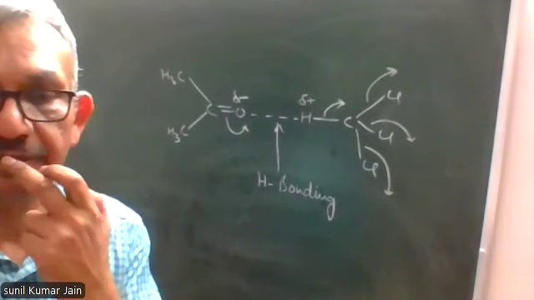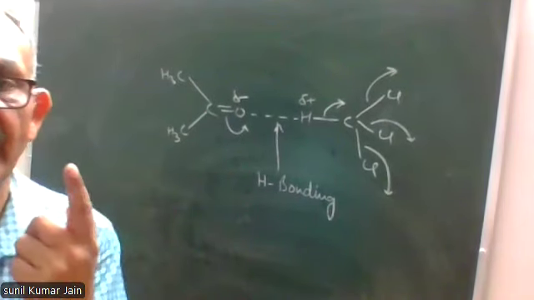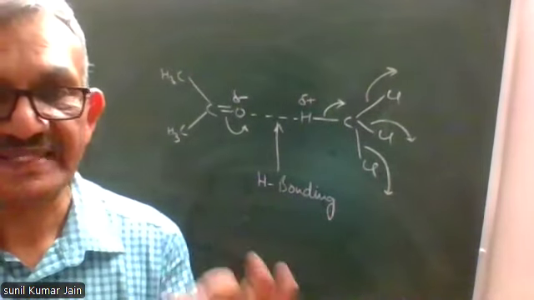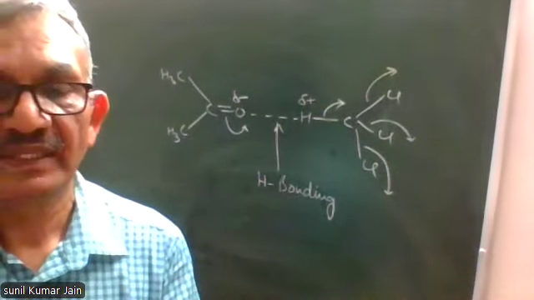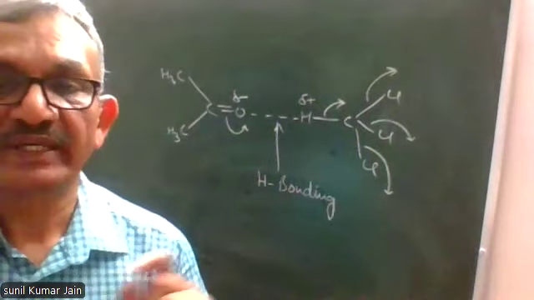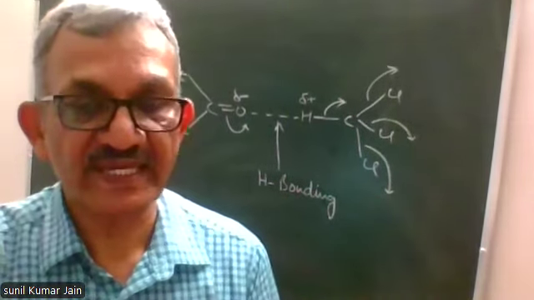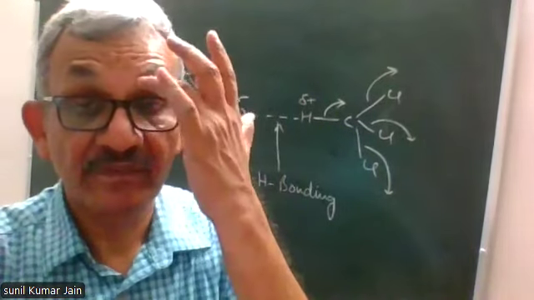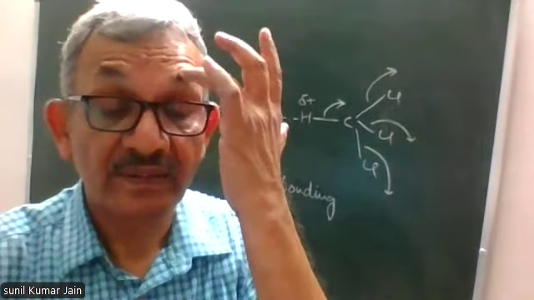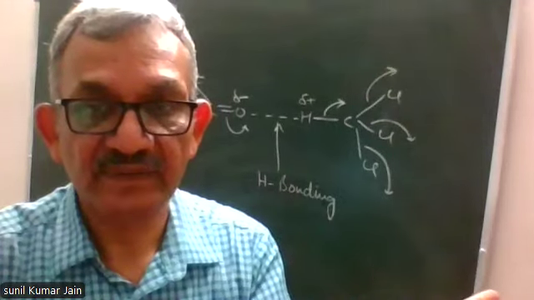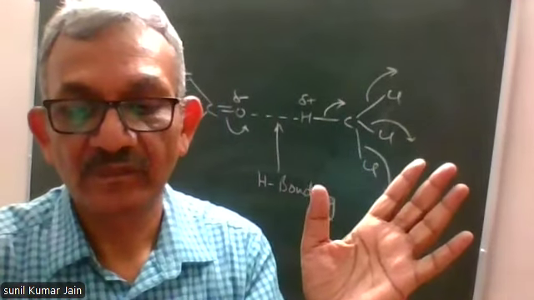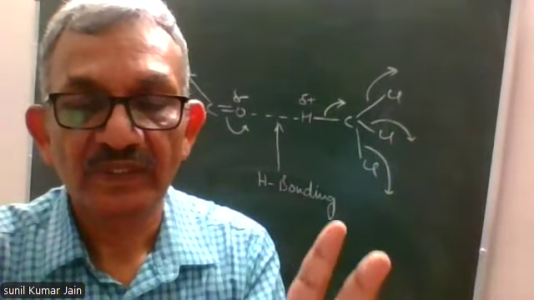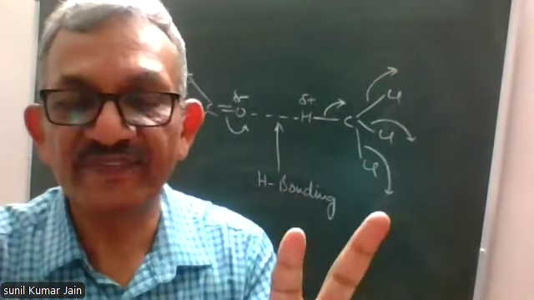So this is one case. Number two, aqueous solution of acids like sulfuric acid, nitric acid, acetic acid, etc. So why do they show negative deviation?